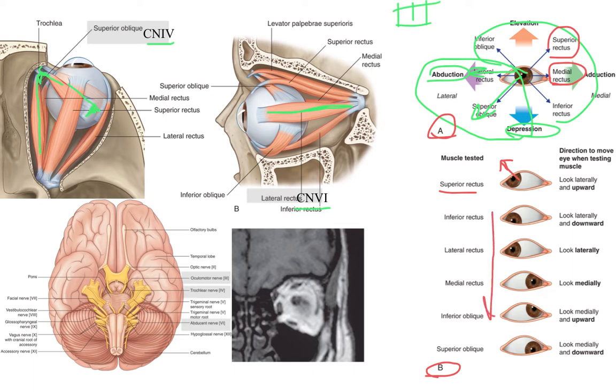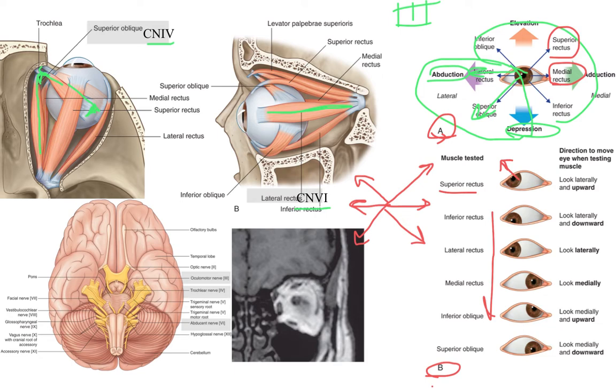Whether we're talking about figure A or figure B, one of the things you should be familiar with are the 6 cardinal fields of gaze. Those are adduction, abduction, elevation with adduction, depression with adduction, elevation with abduction, and depression with abduction. If you test those 6 cardinal fields of gaze, what you're doing is essentially testing all of the cranial nerves as well as the muscles of the eye.